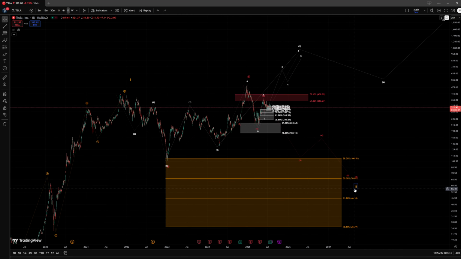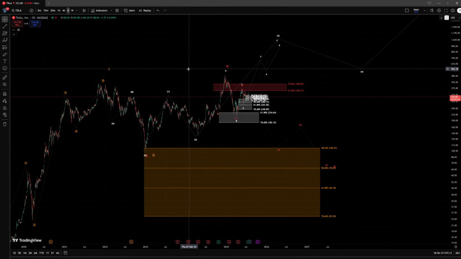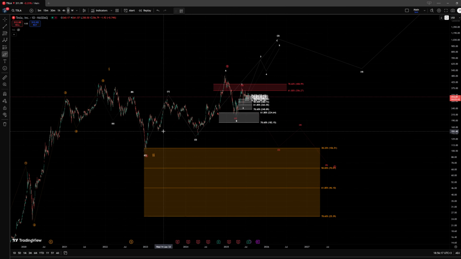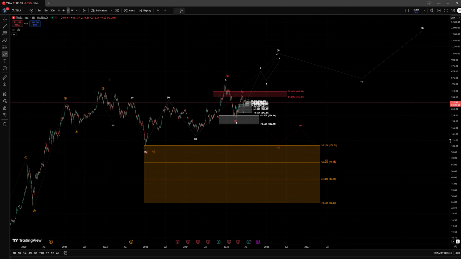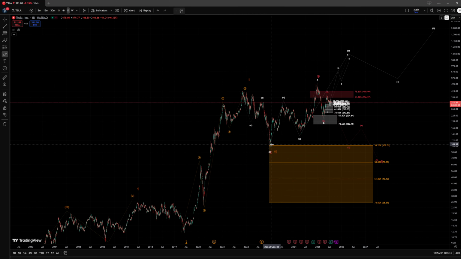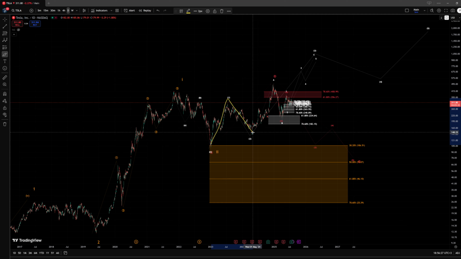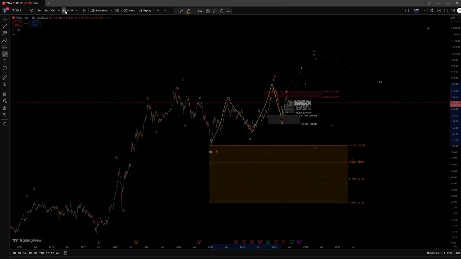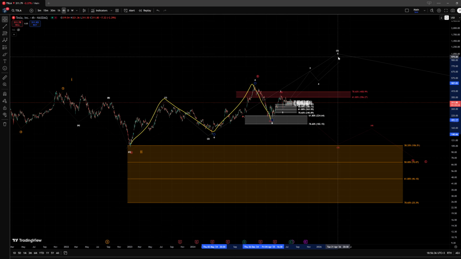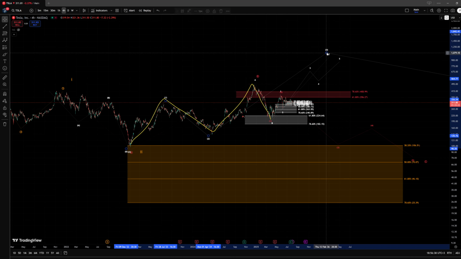On the other side we have the white scenario where we completed the wave 2, and now in a diagonal pattern we are going higher in the third wave to the upside, where we could have completed a wave 1 up, a wave 2 down, and in this third wave a wave A up, a B wave down, and now we could be on our way to complete this C wave, to complete this third wave.